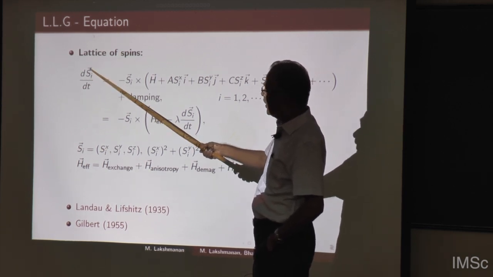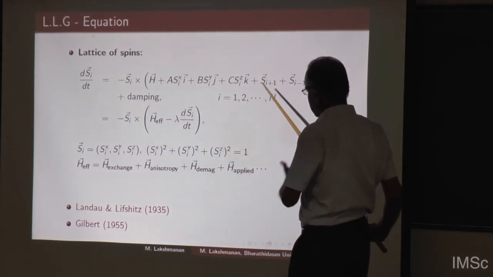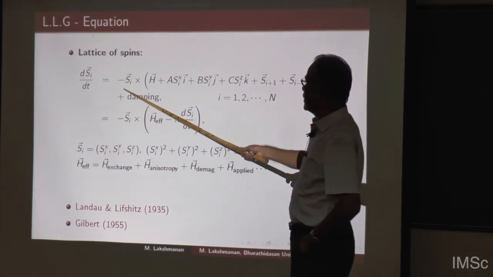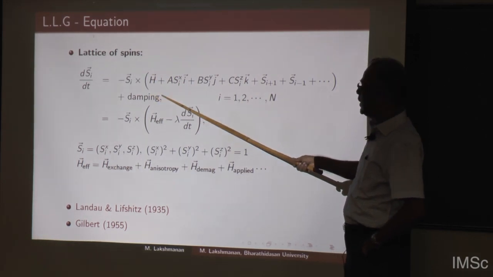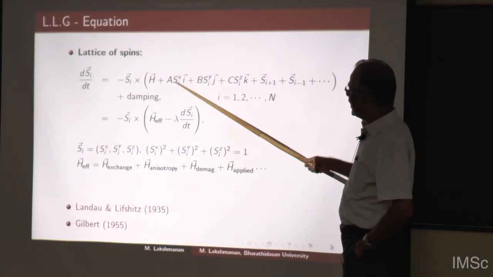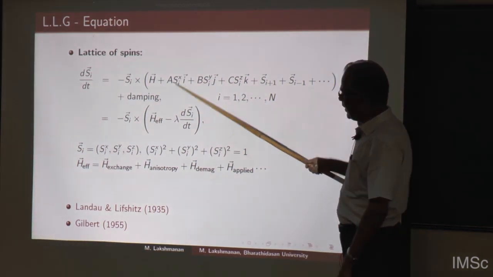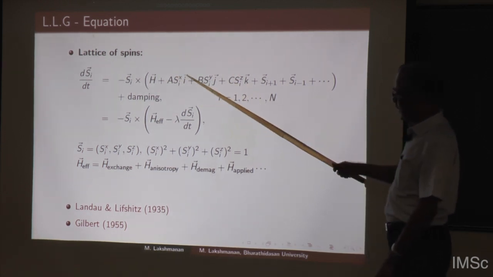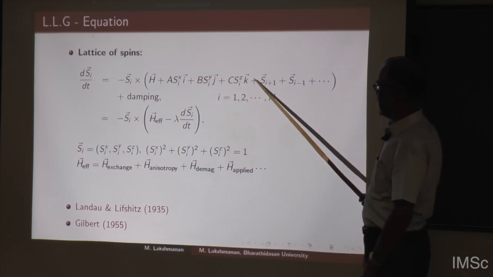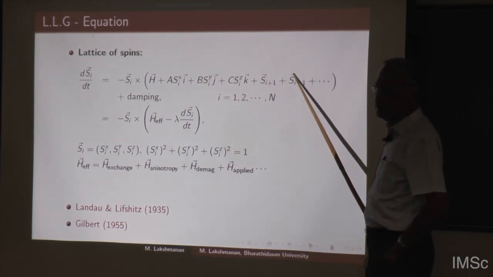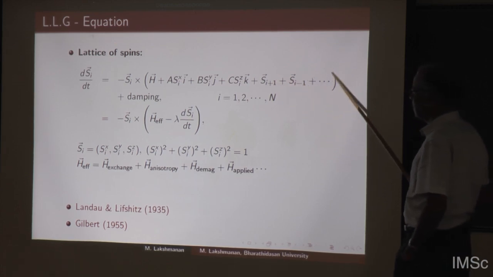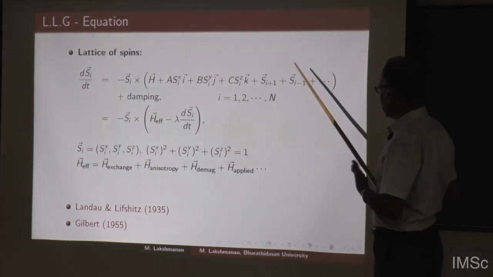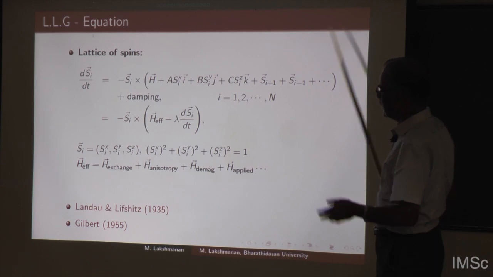For example, in a one-dimensional lattice, i runs from 1 to n, and you can extend this to three dimensions. Then there is the magnetic field term which I wrote earlier, and you can introduce an anisotropy term with anisotropy parameters A, B, C along the three directions i, j, k, then the exchange interaction between the nearest neighbors i plus 1, i minus 1, and other interactions like dipole interactions or demagnetizing effects, the Dzyaloshinskii-Moriya term, and so on.